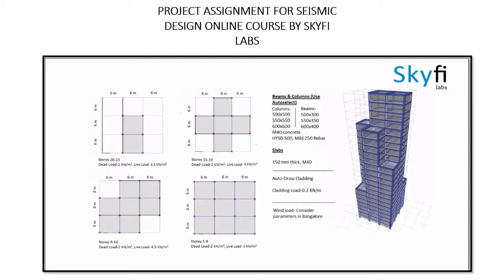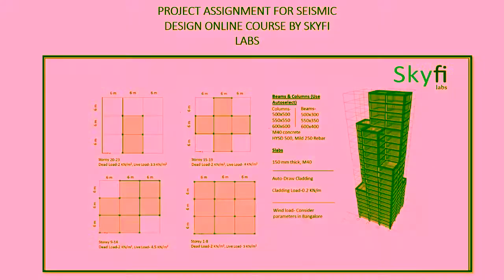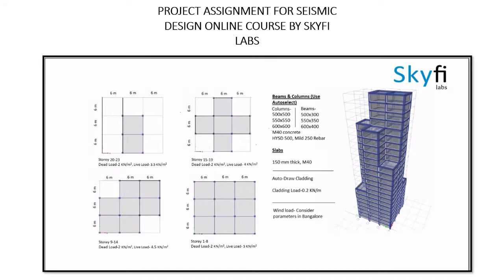You can see that on different stories there are different floor areas. There will be three types of beams and columns which we will be using. Then there is a slab of 150 thickness and M40 grade concrete. And guys, let me tell you one thing, that when we are designing a building for lateral loads, either we are going to consider the wind load or the seismic load.